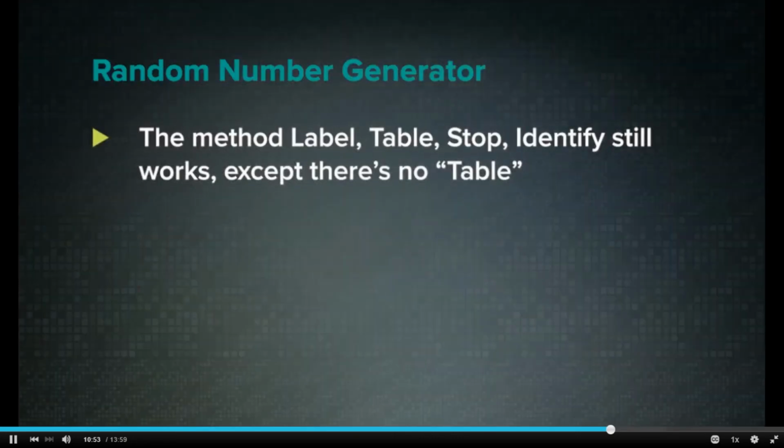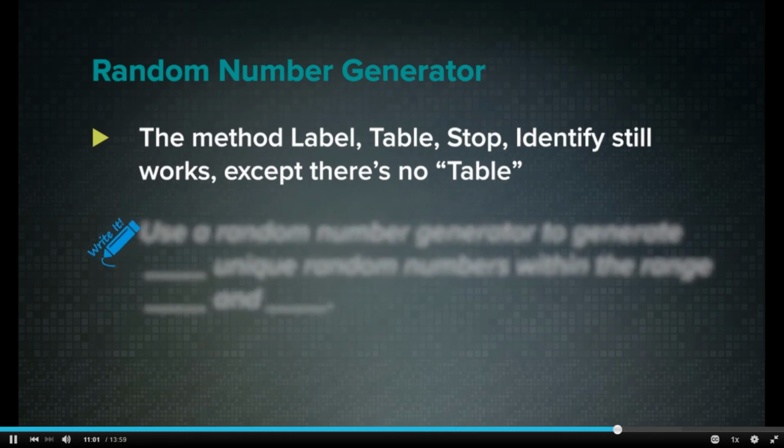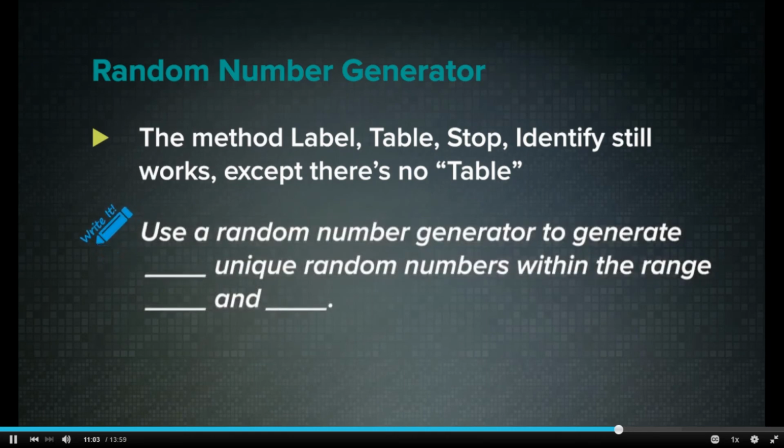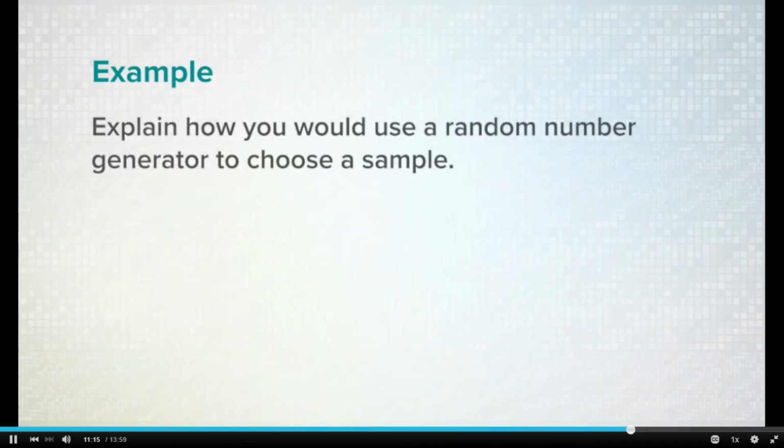The method label, table, stop, identify still works, except there is no table. Here's what you would write instead. Use a random number generator to generate blank unique numbers within the range blank and blank. For example, a question might ask, explain how you would use a random number generator to choose a sample.